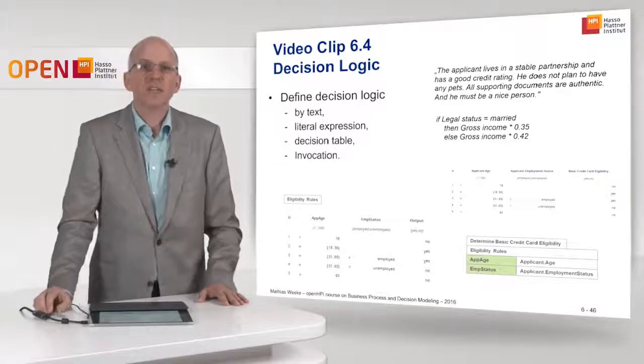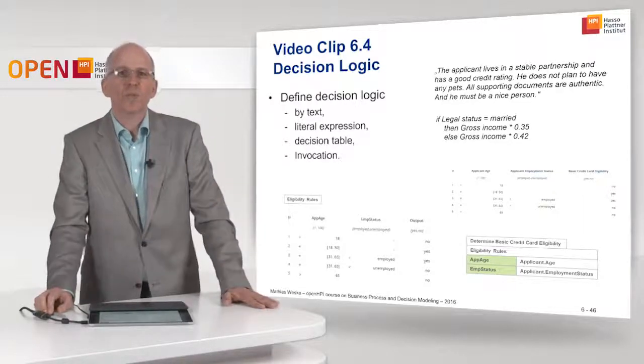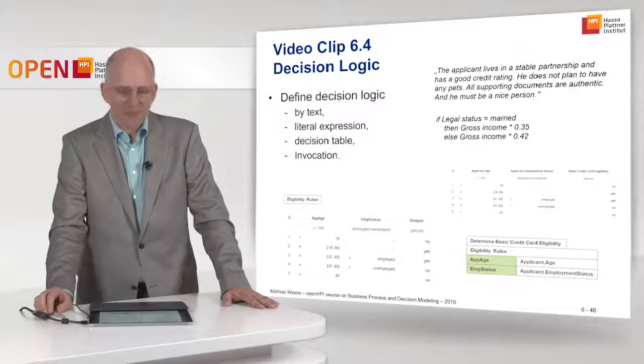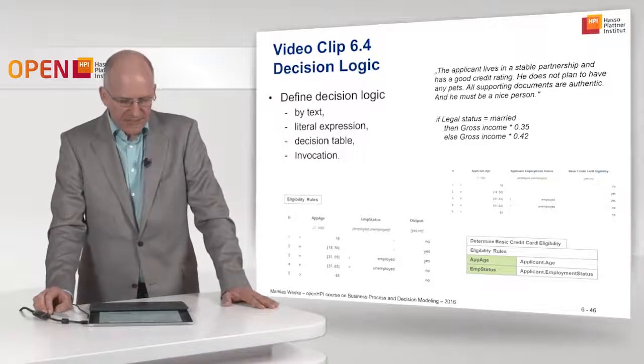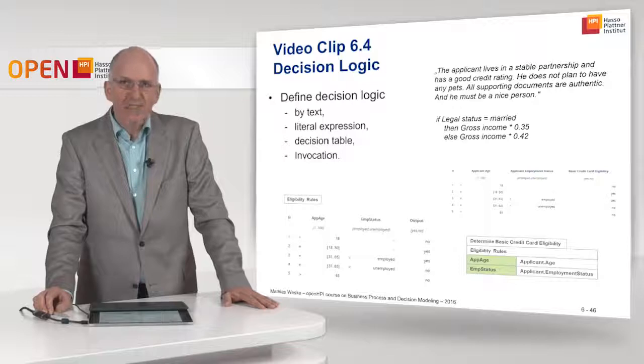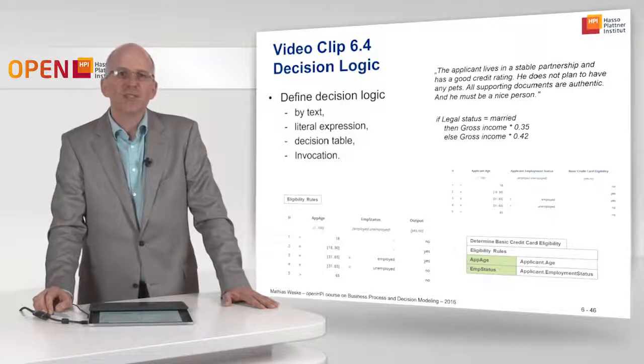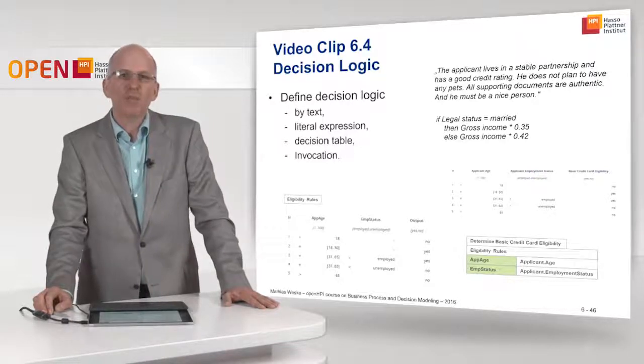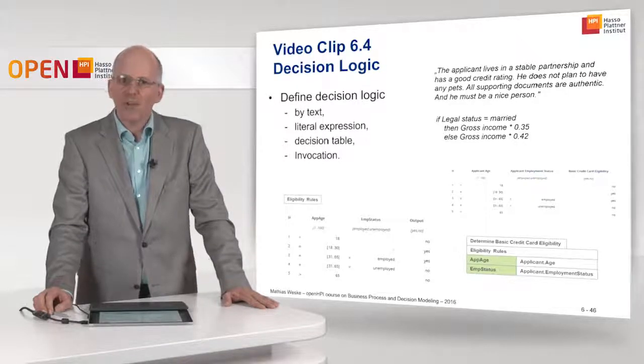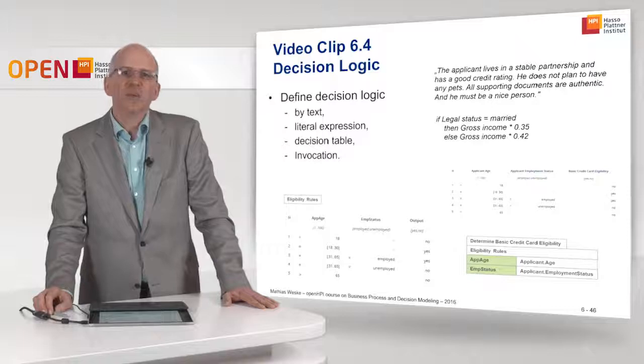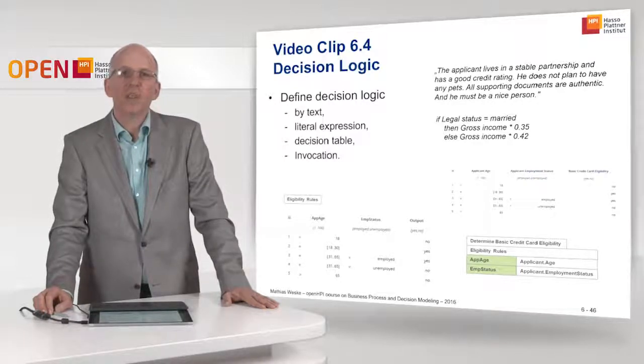This brings us to the end of video clip 6.4, in which we discussed decision logic. We discussed four ways of looking at or defining decision logic. First of all, informally by text. We can also use formal literal expressions. We can also use a decision table. And finally, we can invoke a business knowledge to come up with decision logic.